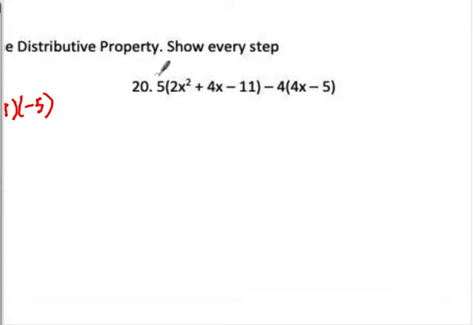And then this bad boy, you got extra terms here. You got to watch this minus sign here as well. So it's 5 times 2x squared plus 5 times 4x plus 5 times minus 11.